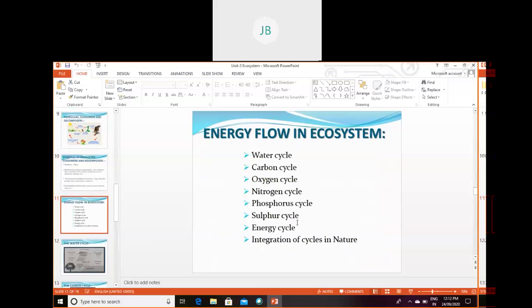Now, energy flow in the ecosystem. How does energy flow in the ecosystem? Every ecosystem has several interrelated mechanisms that affect human life, like the water cycle, carbon cycle, oxygen cycle, nitrogen cycle and energy cycle.